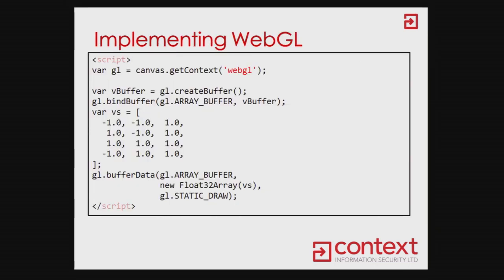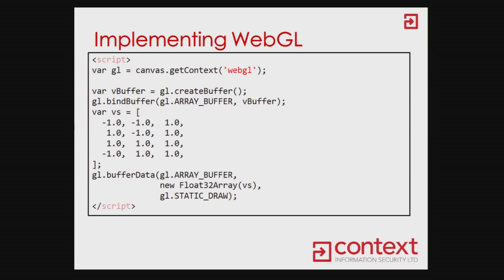This is a real simple bit of script code which does some WebGL stuff. It doesn't actually do a lot, but WebGL is based on the HTML canvas element, and it allows you to get, in effect, a 3D context out of that canvas and render accelerated 3D graphics to it.